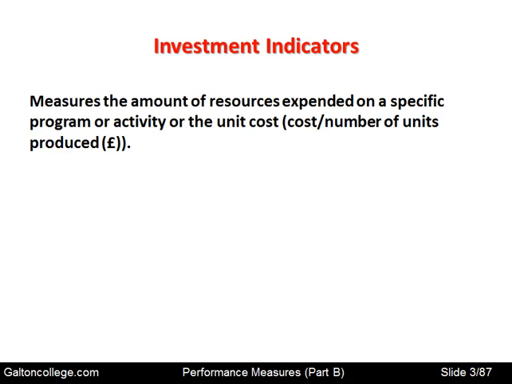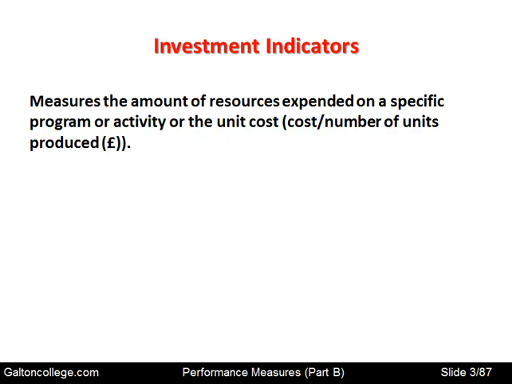These measure the amount of resources expended on a specific program or activity, or the unit cost, the cost per number of units produced, let's say. So investment indicators are trying to assess the effectiveness of the investment. Was the investment worthwhile, or is future investment worthwhile in this area?